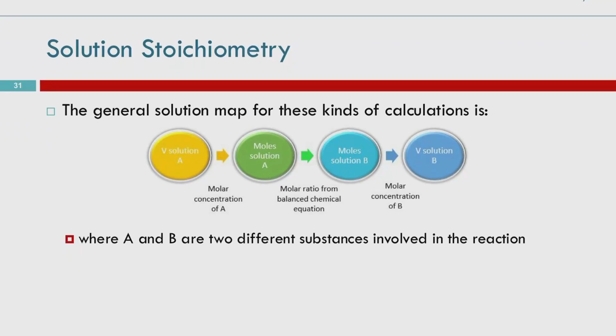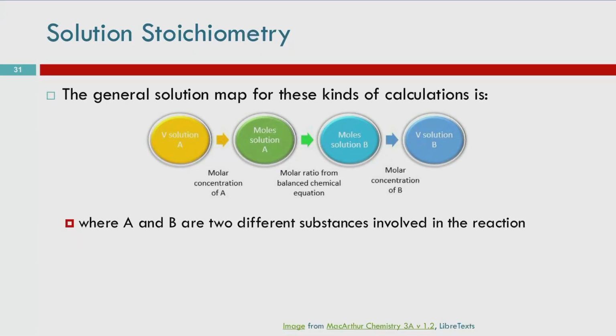So a general solution map. This is just one way that we could do it. We've got a volume of some solution A. We can convert from volume to moles using our molar concentration. This is like going from grams to moles, where we use molar mass. We hopefully remember how to do that. You will need to know how to do it, certainly for the final.